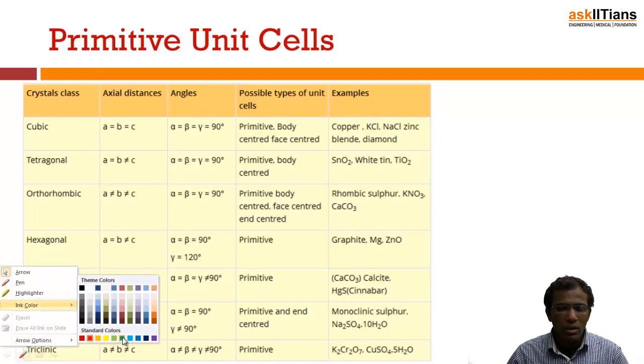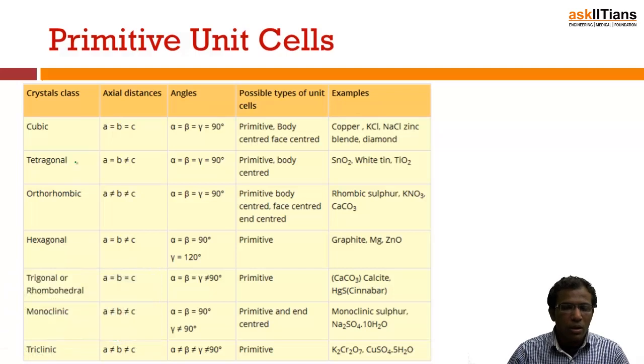Here you can see the 7 crystal classes we have: cubic, tetragonal, orthorhombic, hexagonal, rhombohedral, monoclinic and triclinic. So in total we have 7 primitive unit cells.